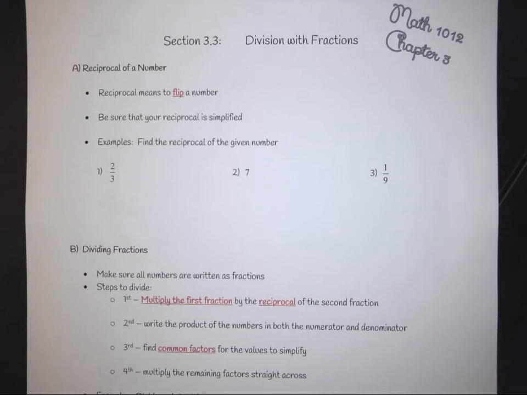So in other words, if you started out as being a numerator, well, now you have flipped and become a denominator. Okay? The other thing you always want to make sure that you do with any kind of fractions is reduce, reduce, reduce. Every chance you get, reduce, reduce, reduce.